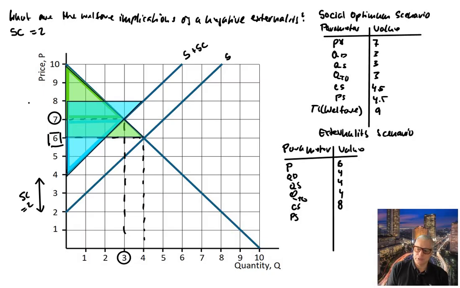And for every unit produced, they get another 2 units essentially for free, which reduces the cost. But it is an implicit price increase, at least for the society. So the price that the society actually pays is not 6, but 8.